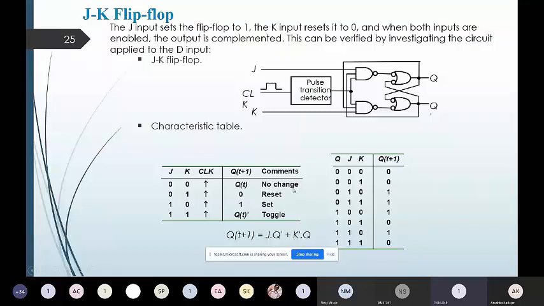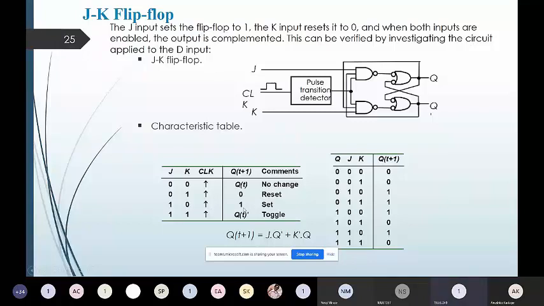But if J is 0 and K is 1 with the positive edge triggered clock, then the next state will definitely be 0, with the condition of resetting the flip-flop. But if J is 1 and K is 0 with positive edge trigger, the next state of the flip-flop will be the set state with the output value as 1.